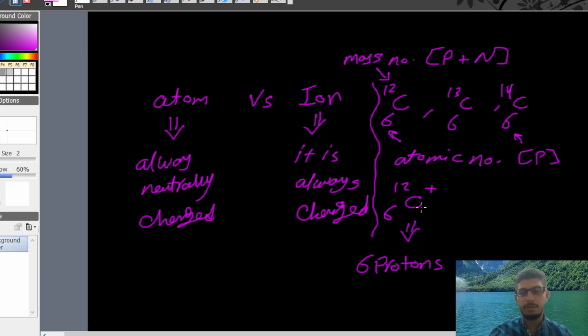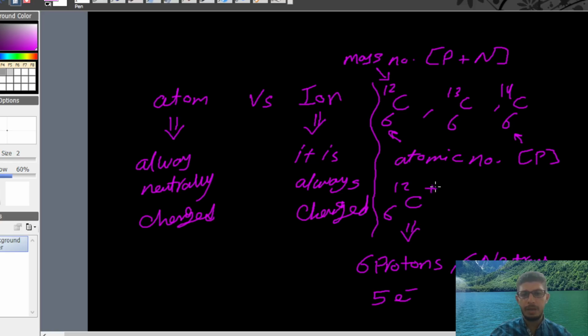So for example, this positively charged carbon contains 6 protons, in this case 6 neutrons, and in this case 5 electrons. You know why 5 electrons? Because you have a positive charge.